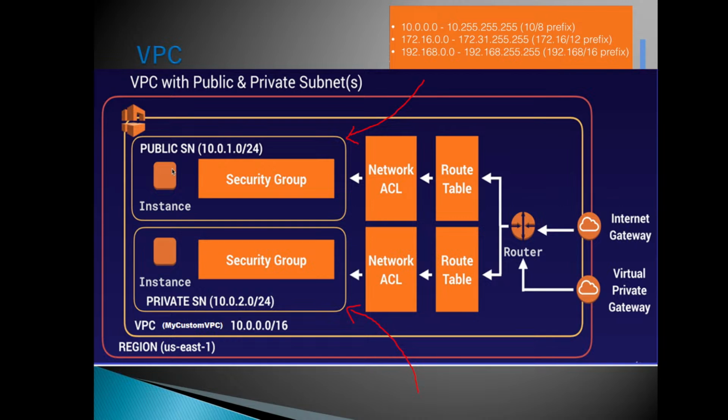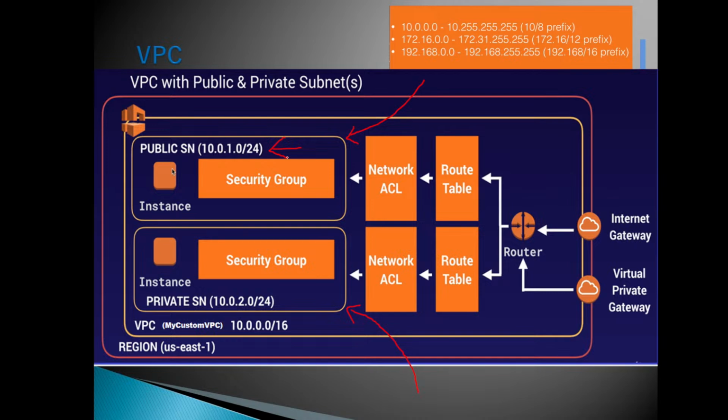I don't want to expose everything completely over the internet, and I don't want to keep everything completely private. Now remember, each subnet in a VPC is associated with an availability zone. We'll see that.